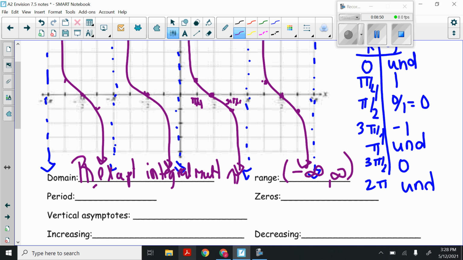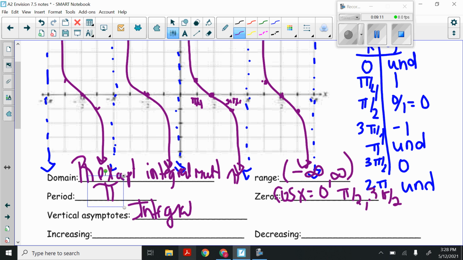The period, again, here the period is pi. The zeros, now we're looking at where the cosine of x equals 0. So like that pi over 2, 3 pi over 2. Vertical asymptotes at our integral multiples of pi.